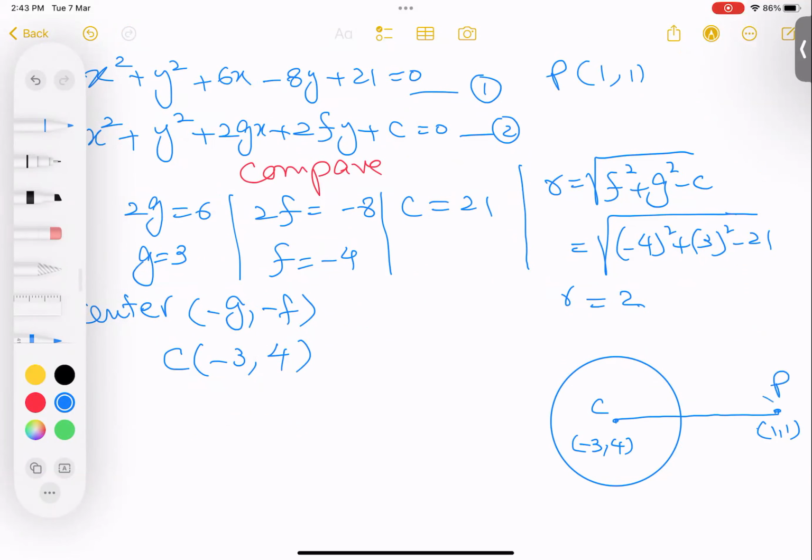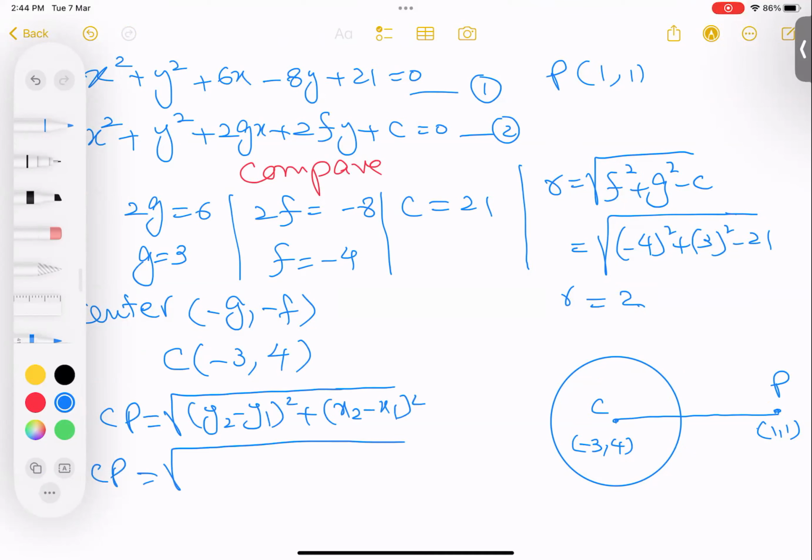First of all, I find the distance CP. All of you know the distance formula, students: the square root of (y2 minus y1) whole square plus (x2 minus x1) whole square. Let's try to find it.